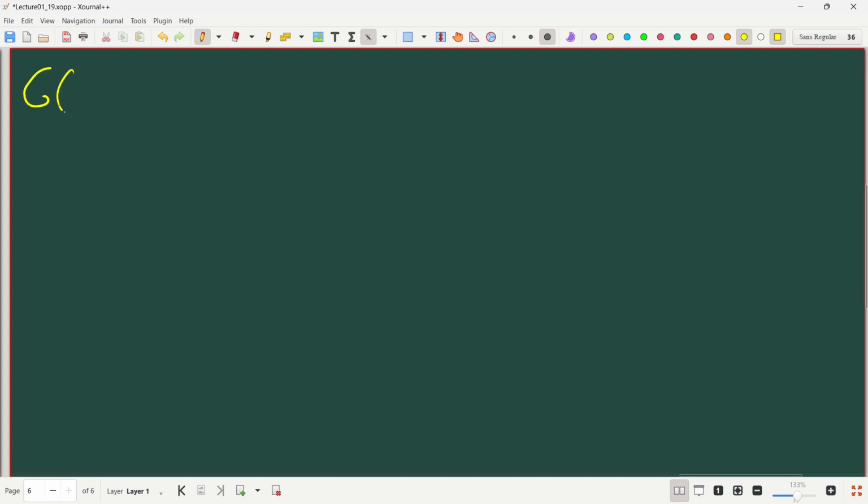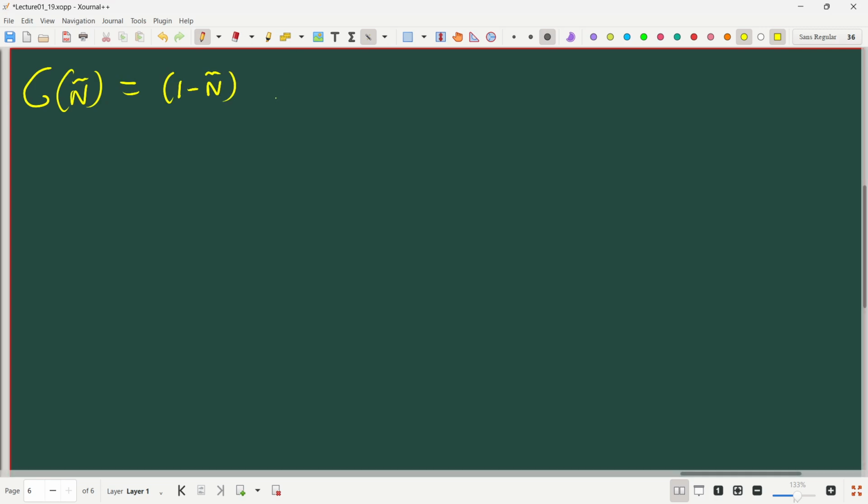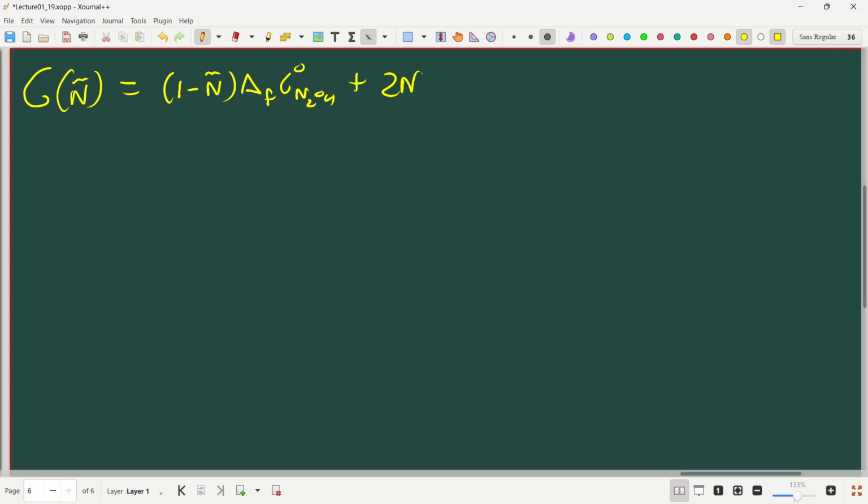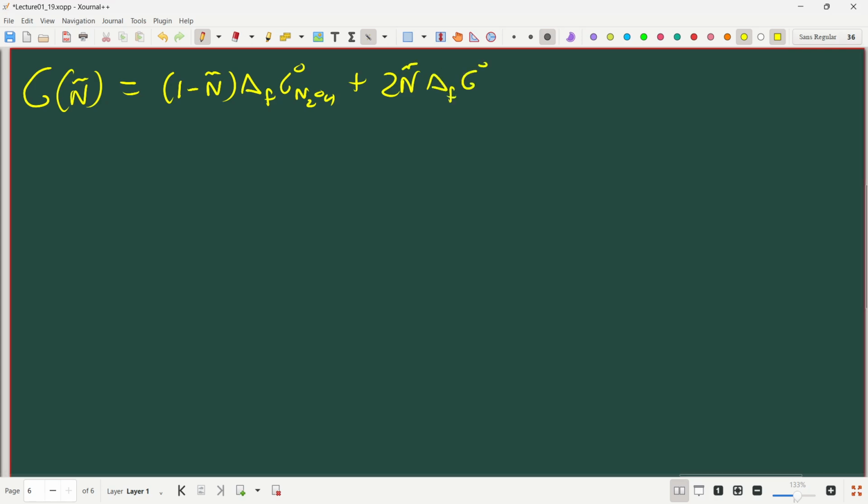So now we have G of ñ is equal to (1 minus ñ) times the delta G of formation of N2O4, plus 2ñ times G of formation of NO2.